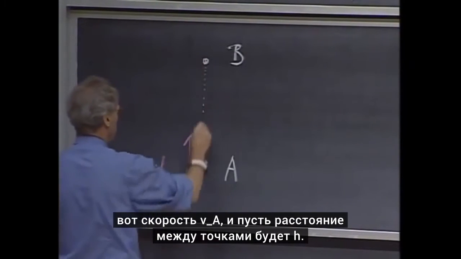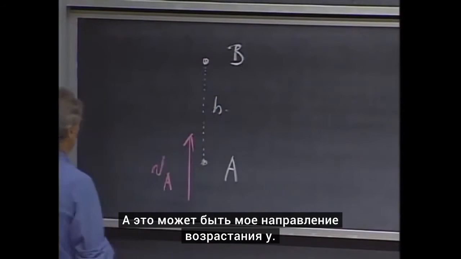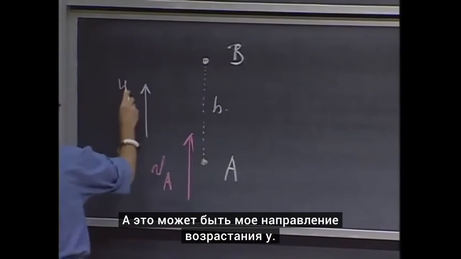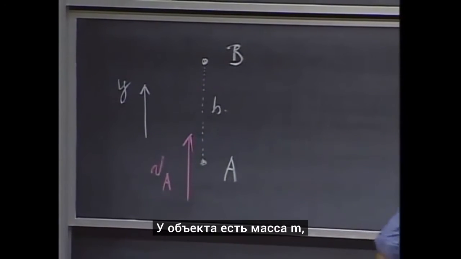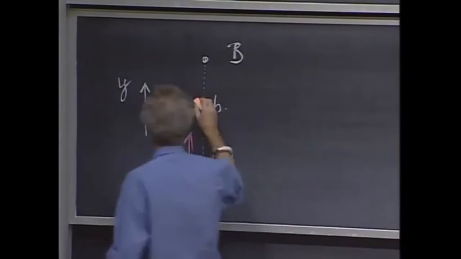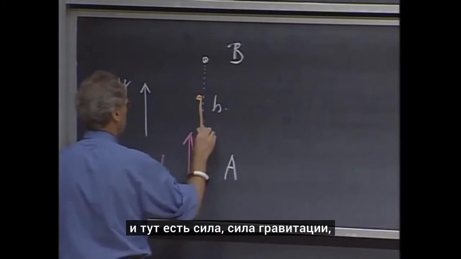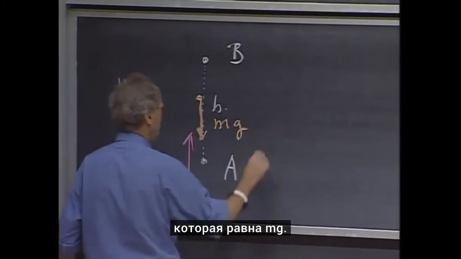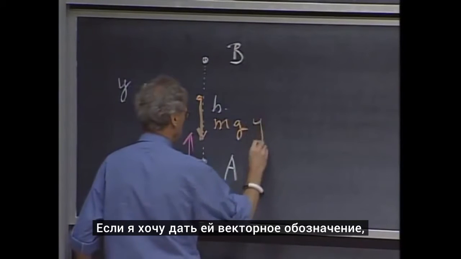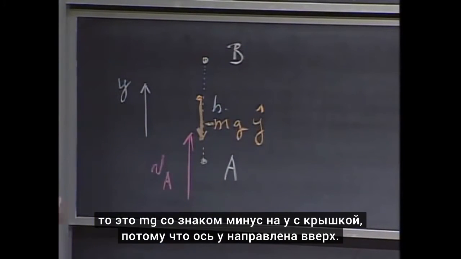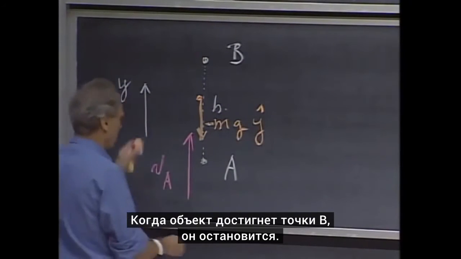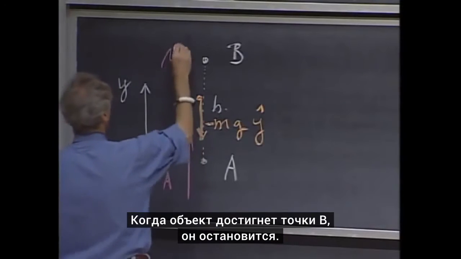And let the separation be h, and this could be my increasing y direction. The object has a mass m, and so there is a gravitational force, which is mg, and if I want to give it a vector notation, it's mg y-hat. This is my increasing value of y. When it reaches point B, it comes to a halt.